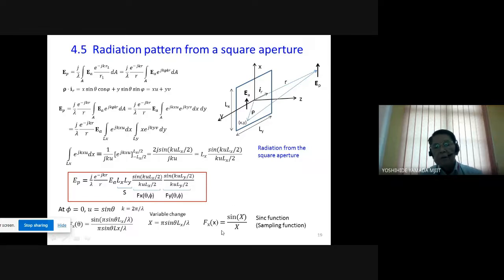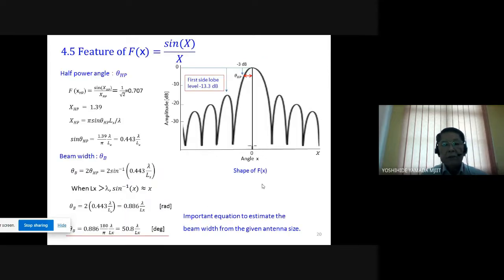So from this function, we can obtain the radiation pattern. Using the features of this sinc function, we can calculate the half power beam width.